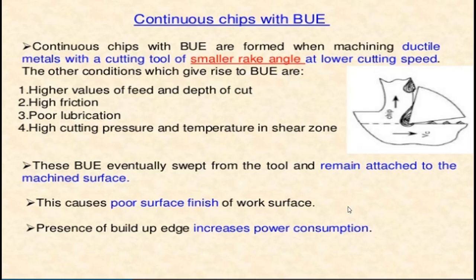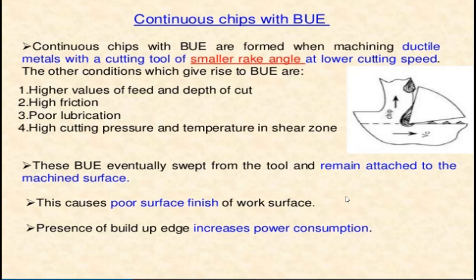Next we have continuous chips with BUE, built up edge. Continuous chips with BUE are formed when machining ductile material with a cutting tool having a smaller rake angle at lower speed. The conditions that give rise to BUE are higher values of speed and depth, high friction, absence of lubrication, and high cutting pressure and temperature in the shear zone.